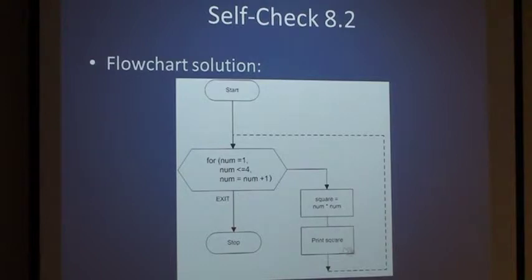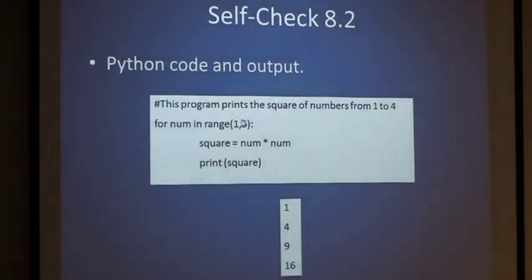And this is the flowchart. And finally, please note the 5 here. If you want to go through 4 times, you've got to have a value 1 larger than that. Okay, so this is the output.